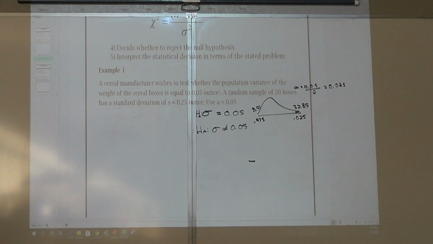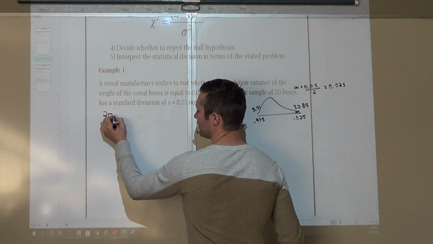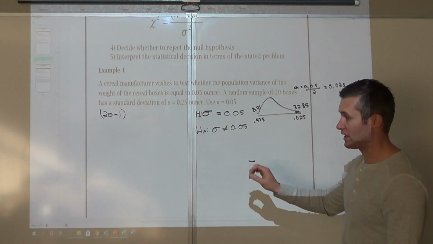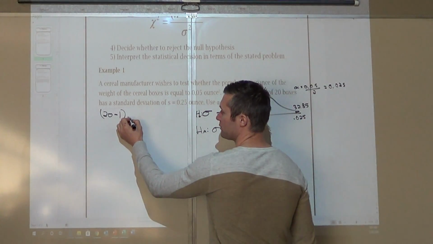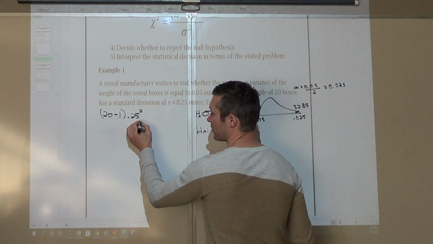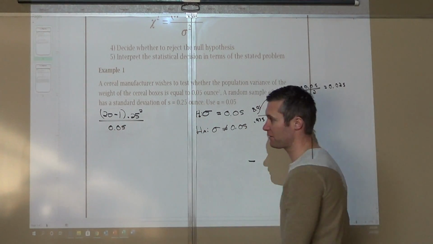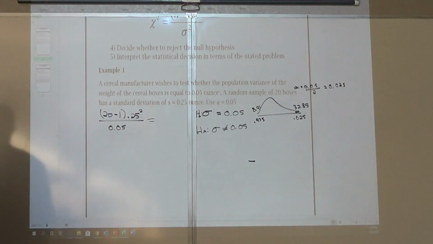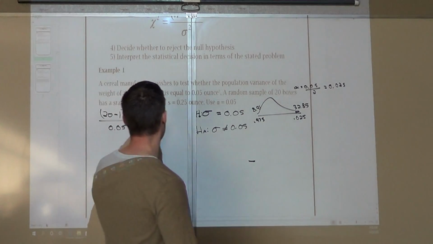Our test statistic is n minus 1, so 20 minus 1, times our sample standard deviation, 0.25 squared, over 0.05. We're not squaring that value because that's our variance. That equals 23.75.